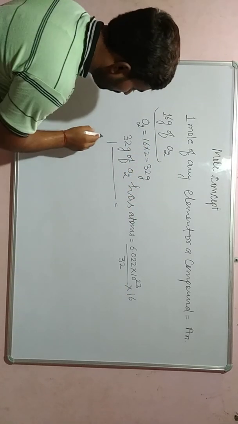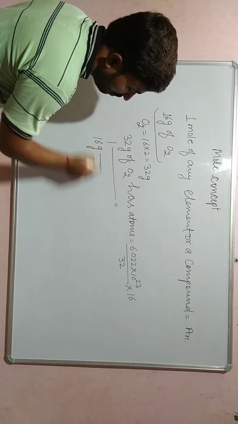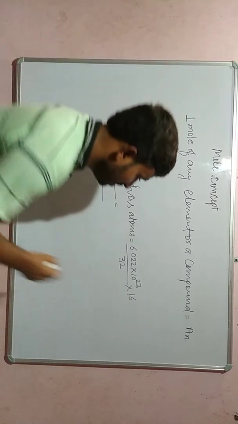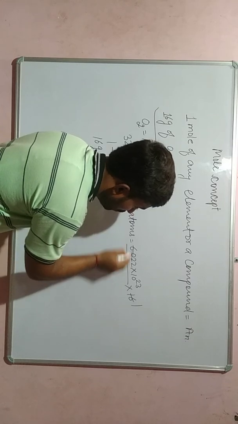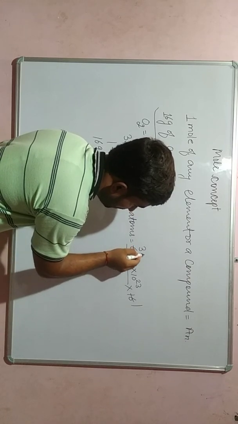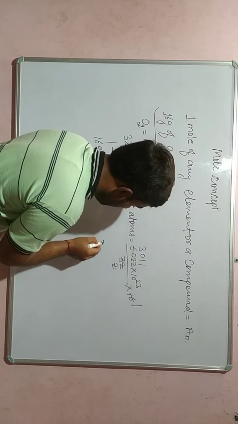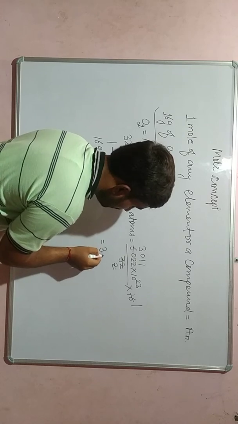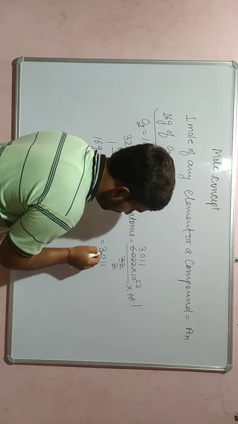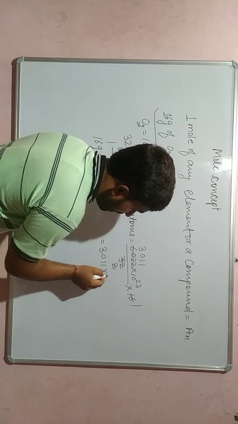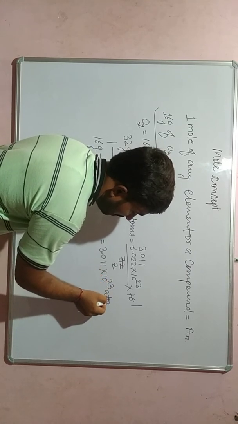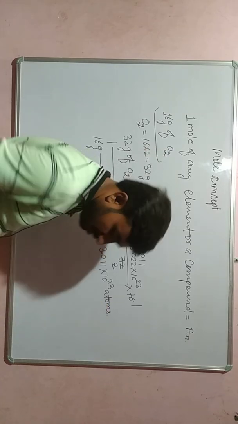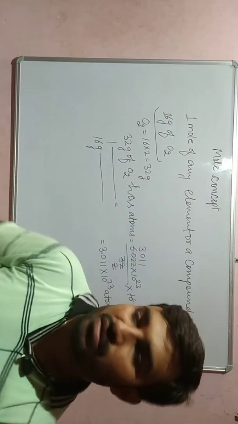Now we find the number of atoms in 16 gram of oxygen. 16 1 is 16, 16 2 is 32, and this is 3.011, and your answer is 3.011 into 10 raised to power 23 atoms in the 16 gram of oxygen.